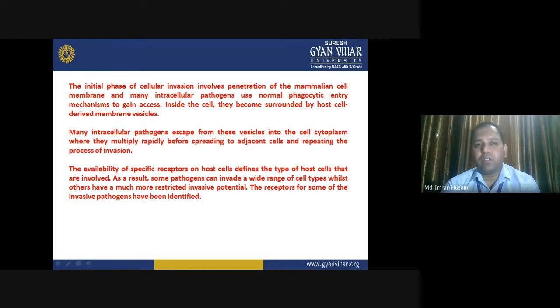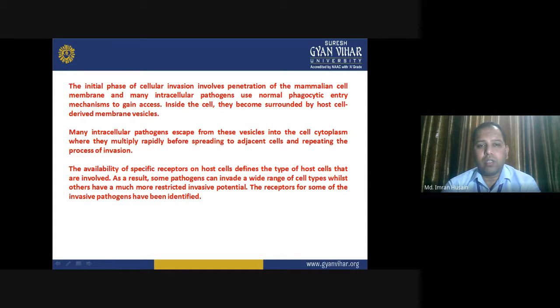The initial phase of cellular invasion involves penetration of the mammalian cell membrane, and many intracellular pathogens use normal phagocytic entry mechanisms to gain access. Inside the cell, they become surrounded by host cell derived membrane vesicles. Many intracellular pathogens escape from these vesicles into the cell cytoplasm, where they multiply rapidly before spreading to adjacent cells and repeating the process of invasion.